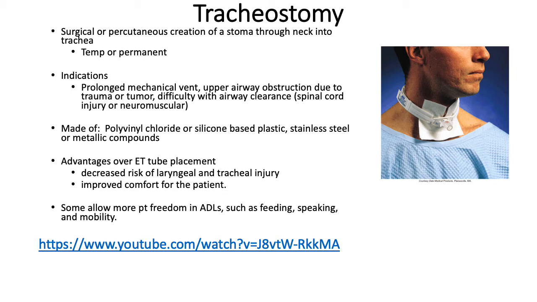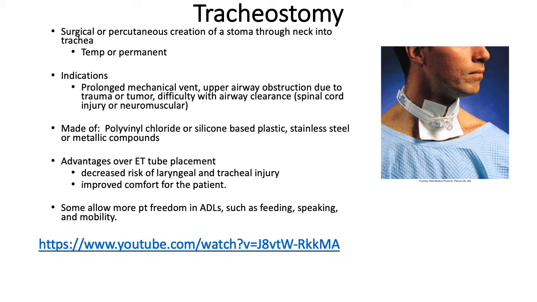It's also used if a patient has any upper airway obstruction due to trauma or tumor. So if that upper airway has to be bypassed because a patient had some type of facial or neck trauma, a tracheostomy can be that airway for the patient.